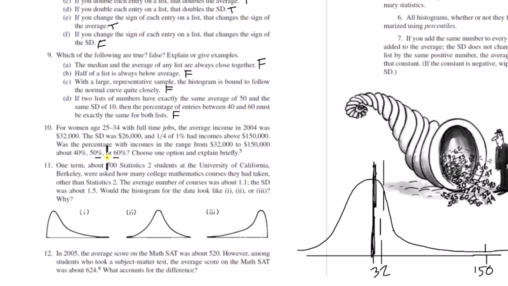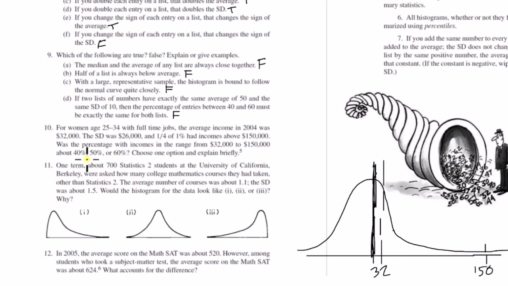So with this in mind, we know the area between the median and 150. 0.25% of the area is out here, so just 50 minus 0.25, 47.75% is the area between the median and here.